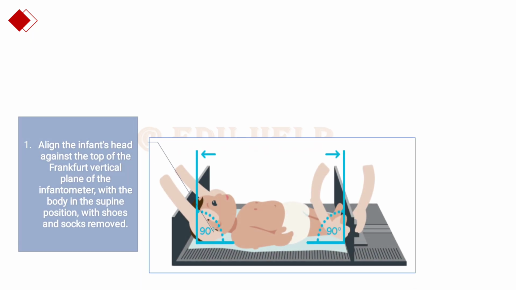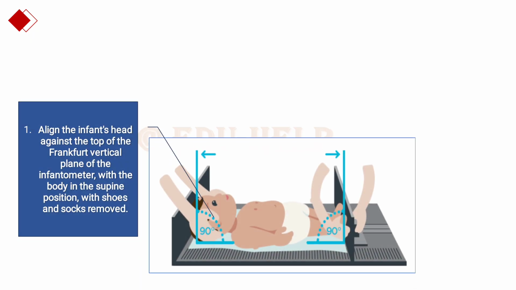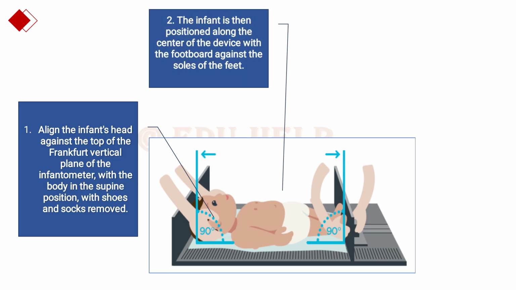In this slide, steps of measurement of length are given. First, we should align the infant's head against the top of the Frankfurt vertical plane of the infantometer with the body in supine position with shoes and socks removed.